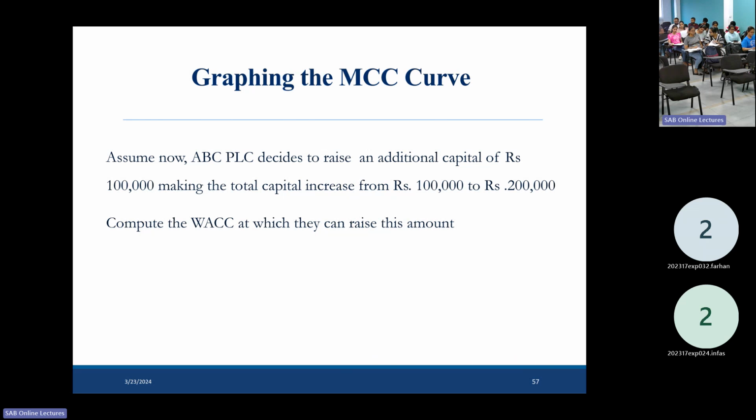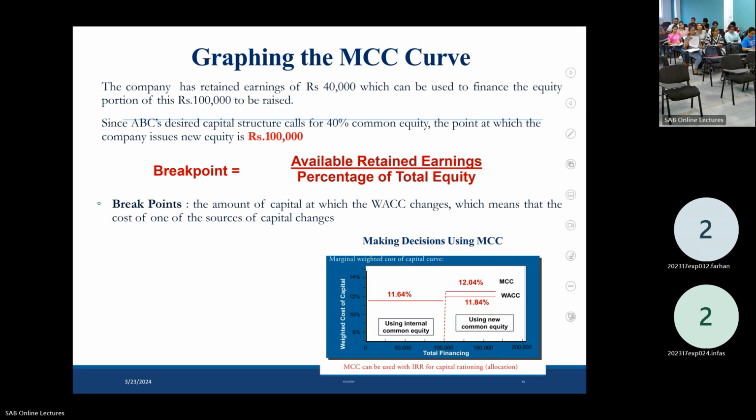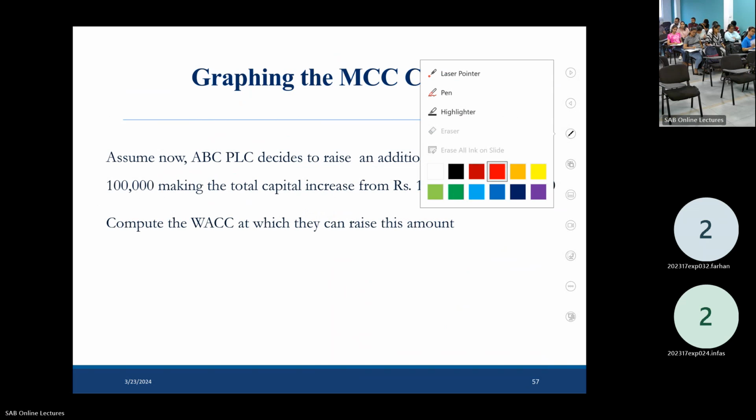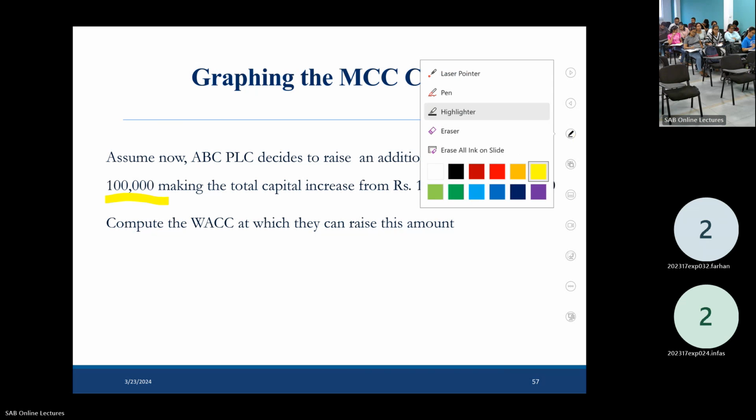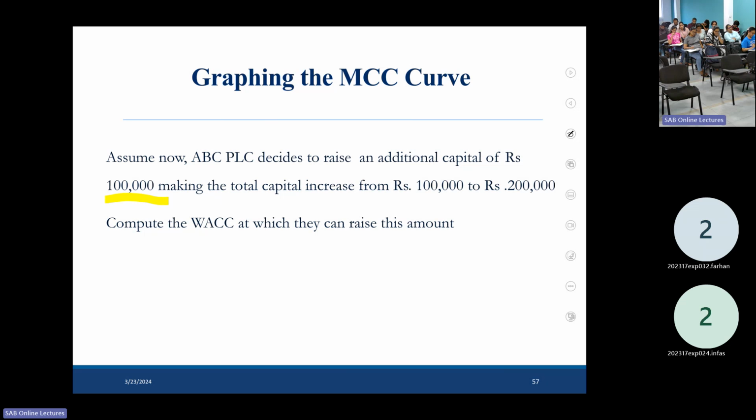ABC decides to raise additional capital of rupees 100,000, making the total increase from 100,000 to 200,000.